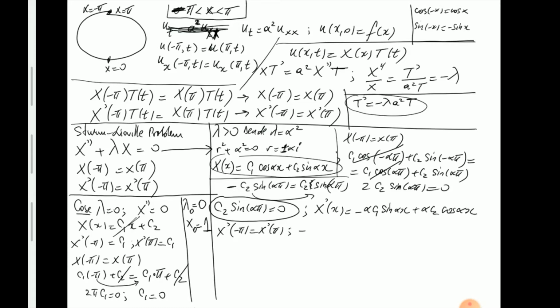That leads to minus alpha c1 sine of minus alpha pi plus alpha c2 cosine of minus alpha pi equals minus alpha c1 sine of alpha pi plus alpha c2 cosine of alpha pi. Just like before, cosine of minus alpha pi and cosine of alpha pi are the same, so you can cross them out. Pull the minus out in the first one, so minus minus becomes plus.